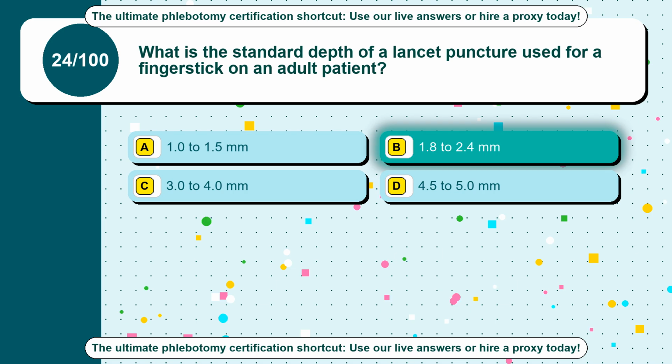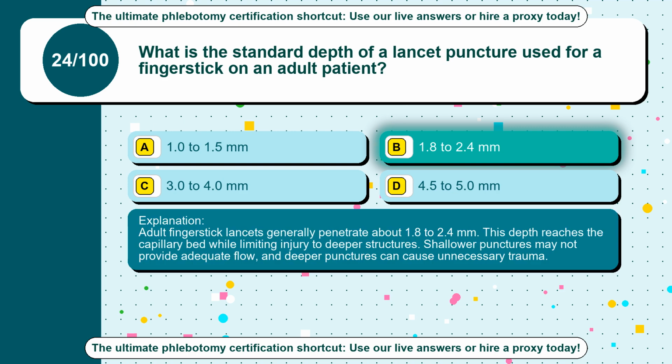The correct answer is option B, 1.8 to 2.4 mm. Adult fingerstick lancets generally penetrate about 1.8 to 2.4 mm. This depth reaches the capillary bed while limiting injury to deeper structures. Shallower punctures may not provide adequate flow, and deeper punctures can cause unnecessary trauma.